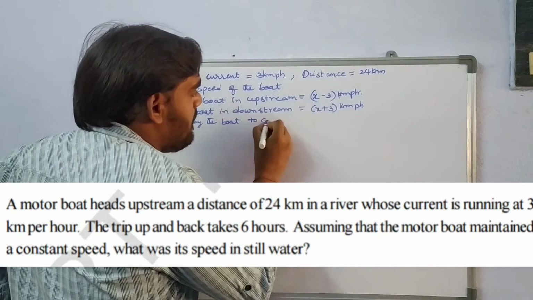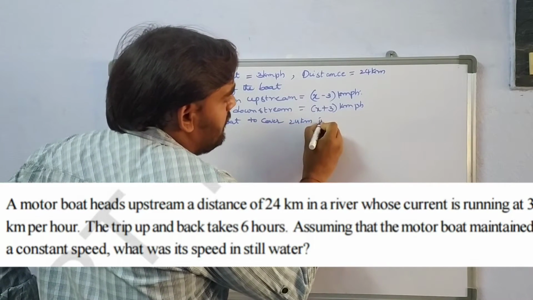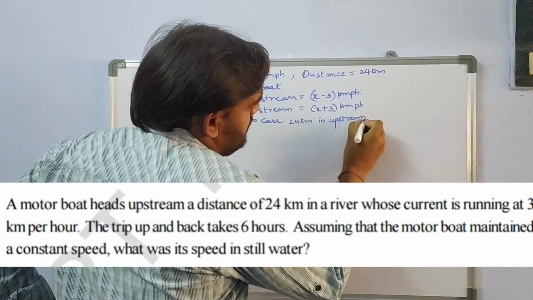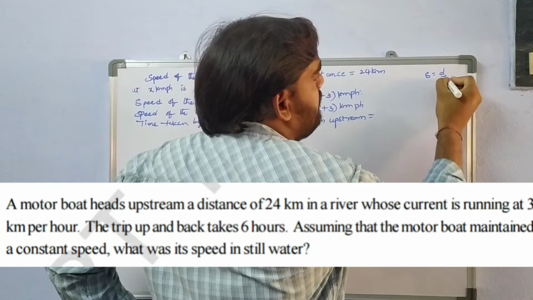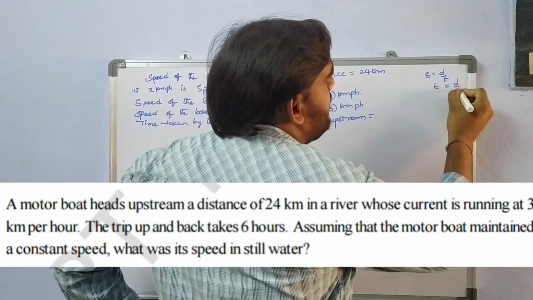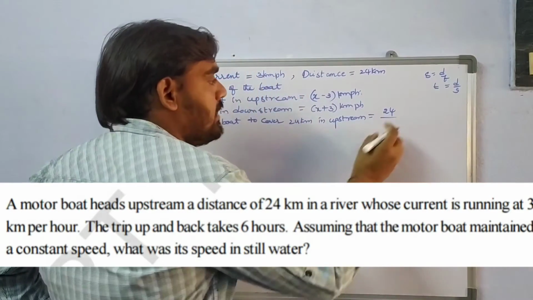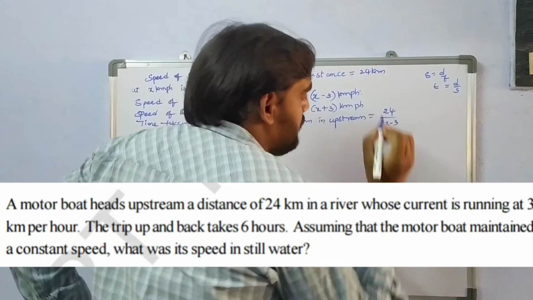See here, s is equal to d by t. From this we can write t is equal to d by s. Now the distance is 24 kilometers and the speed in upstream, we need to take x minus 3.